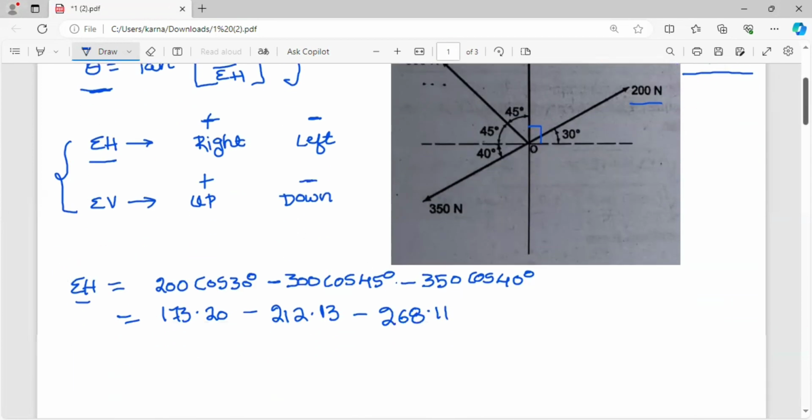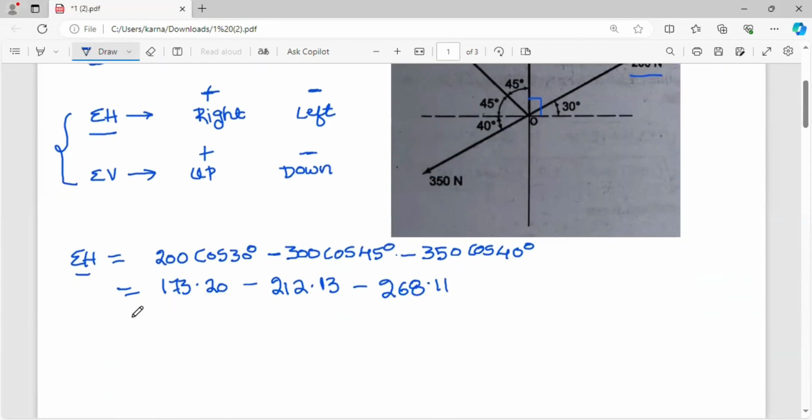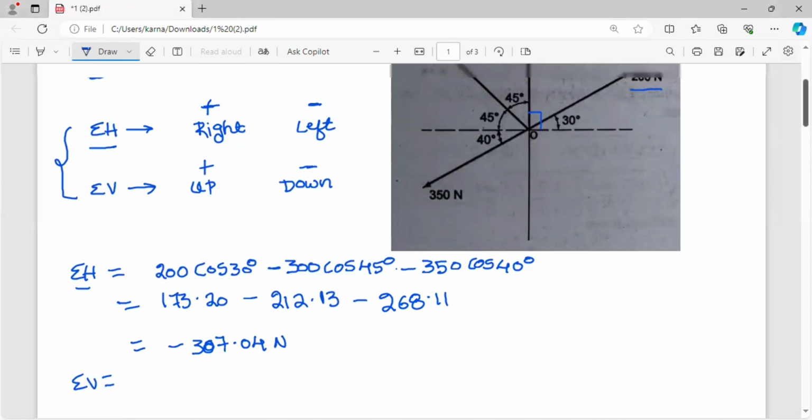So by the simplification, you can get this sigma h as 173.20 minus 212.13 minus 268.11. Then you get the negative value, that is 307.04 newtons.